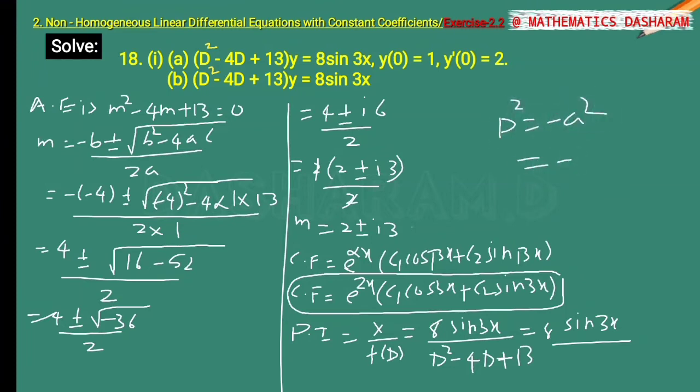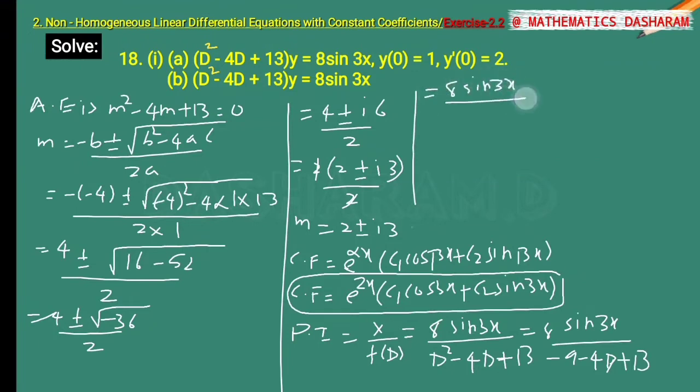So minus a value, a is the x coefficient, that is 3. So minus 9. So minus 9 minus 4D plus 13. So it is equal to 8 into sin 3x by minus 4D, minus 9 plus 13 is plus 4.